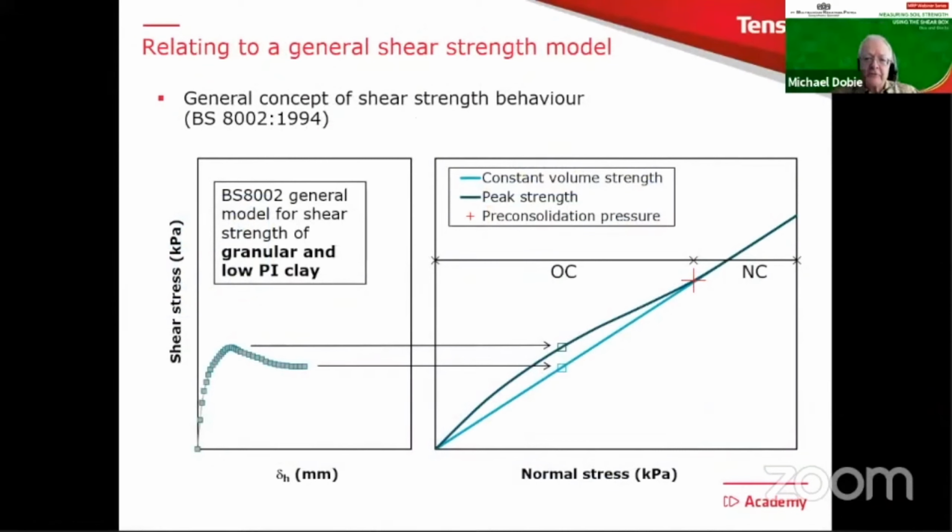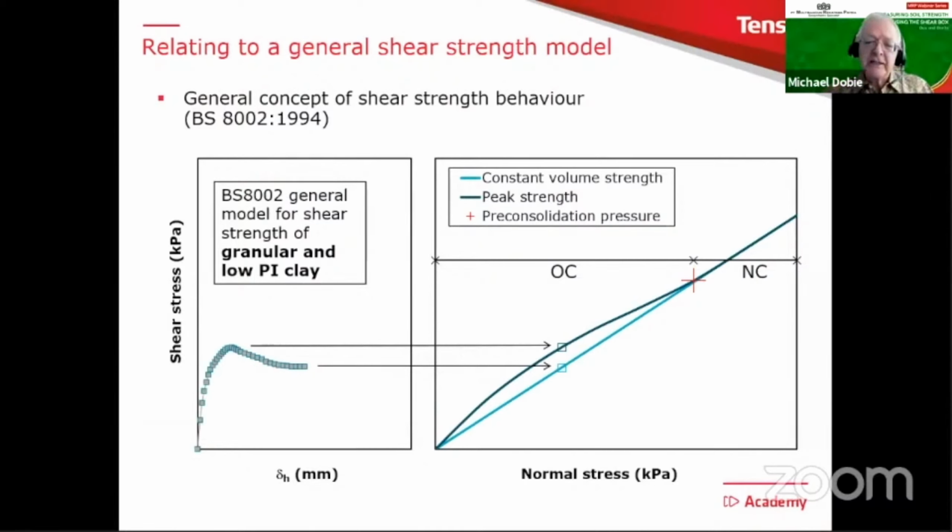Then the third of these important things is looking at a general shear strength model and comparing our results to this model. Now, this particular one I've taken from an old British standard, the one for retaining walls, but it's a very nice model, and you'll come across this kind of idea in many other places. You'll see there the same basic shear results that we've seen from the shear box tests.